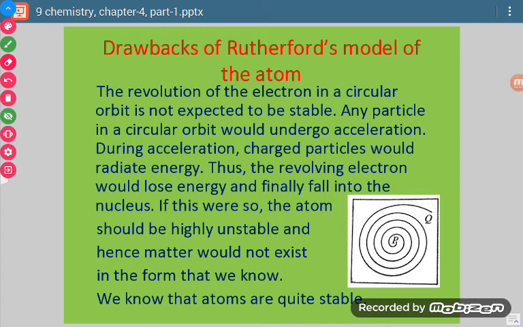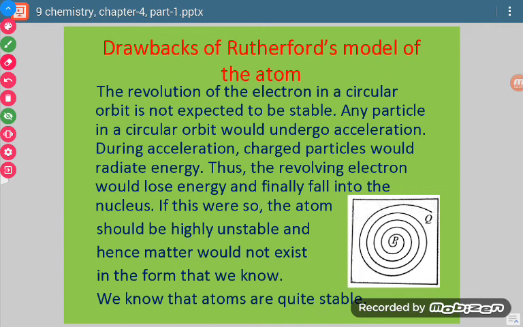Why is it wrong? Because electrons are negatively charged particles and the nucleus is positively charged. So when a charged body moves around another charged body, it loses energy, and when it loses energy, its path will change. How will it change?